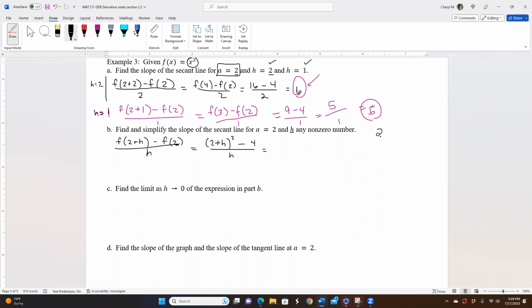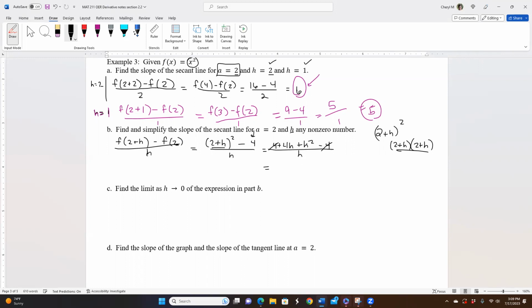Simplifying 2 plus h squared, we know we have to FOIL that. It's not really simplifying it, it's expanding it. When we multiply that out, we're going to get 4 plus 4h plus h squared. That's this part. Then we have to subtract 4 from that over h.